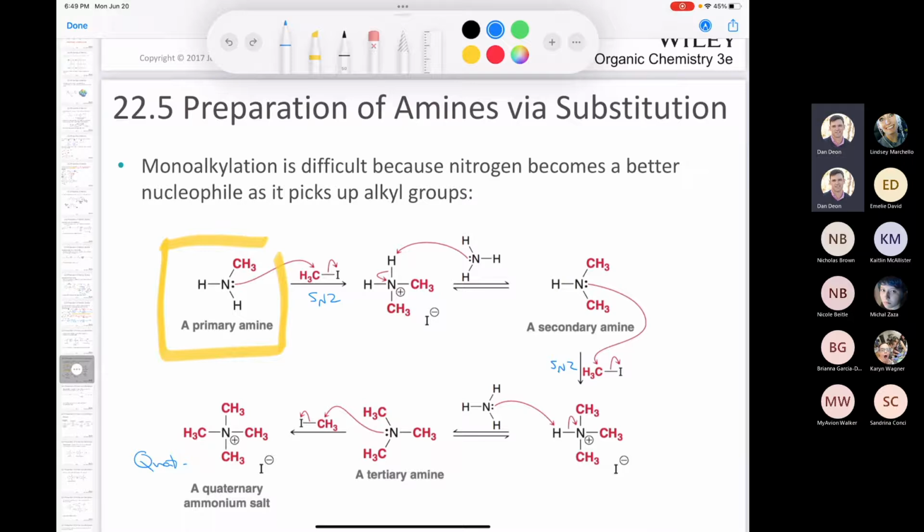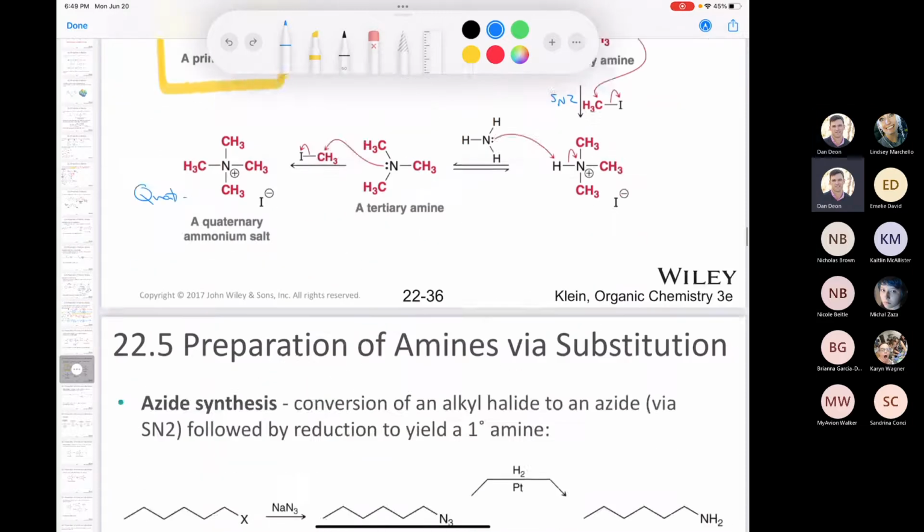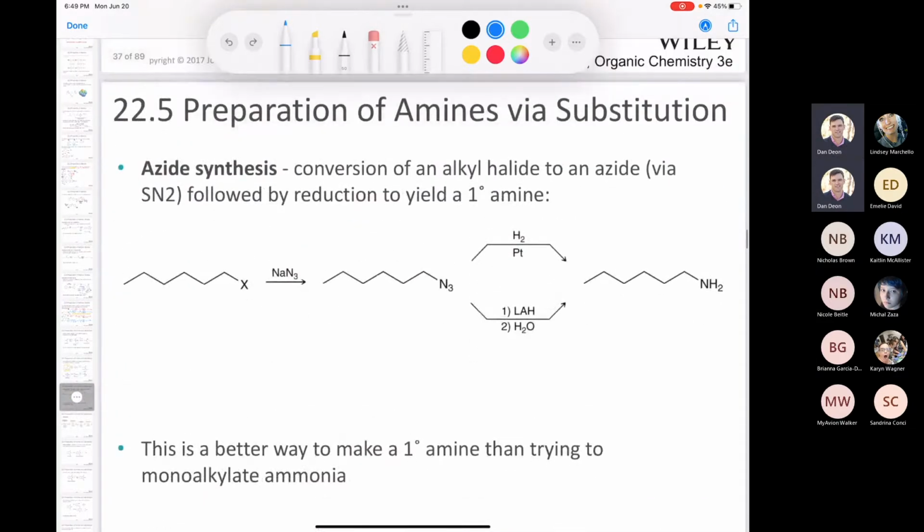So you might be wondering, how do I effectively perform a monoalkylation? That would be a great question. One alternative we have to make a primary amine is to use what's called the azide synthesis. In order to do the azide synthesis, we need to have some kind of alkyl halide.